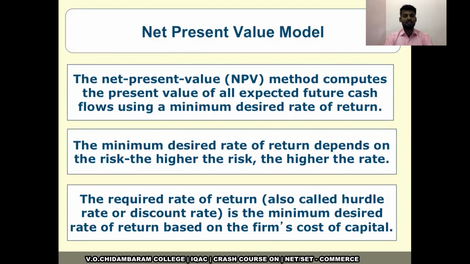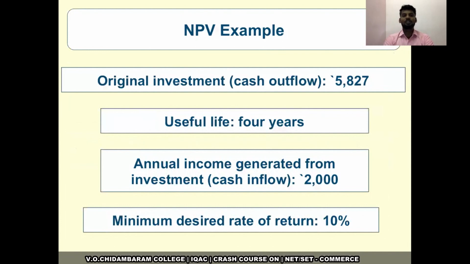The NPV method computes the present value of all expected future cash flows using a minimum desired rate of return. What does it say, sir? Let us assume the original investment is 5,827 rupees.